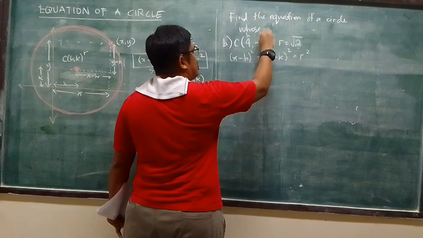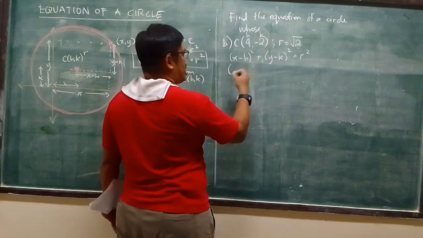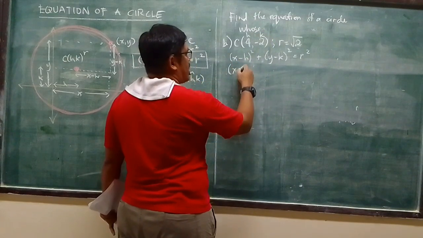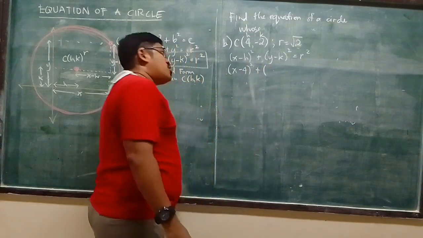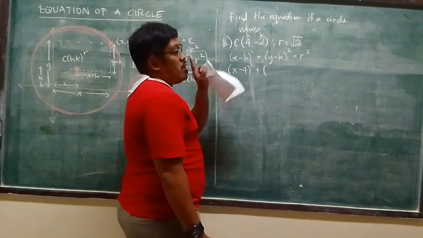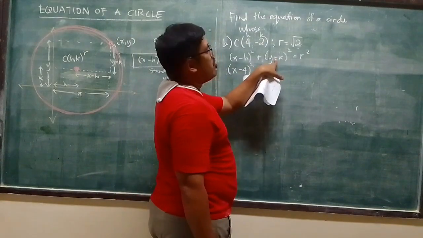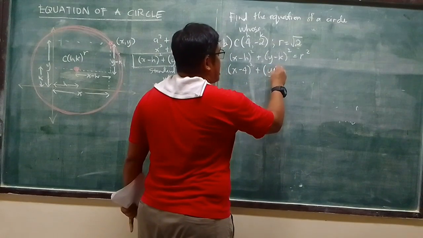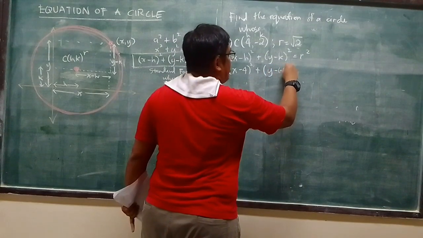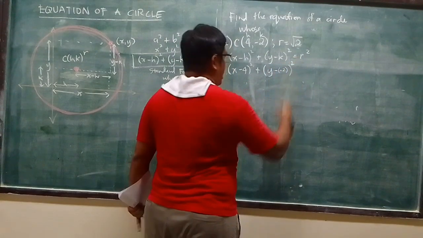This is your h, this is your a. So it becomes x minus 4 quantity squared plus... Now, dito kayo mababago. Originally, sa equation natin, it would be y minus a. So, it would be y minus negative 2 quantity squared.